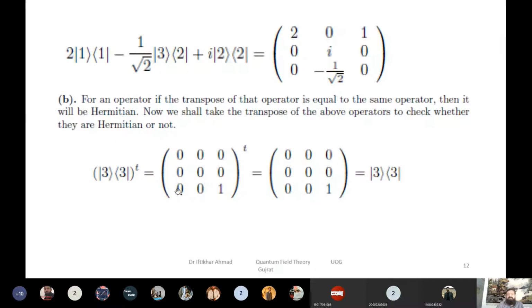Because these are real values, there is no need to take the complex conjugate, because the complex conjugate is the same. So when you take the transpose of this matrix, you get the same matrix, because all other entries are 0 and only this one entry has the value 1. So you get the same expression. So you say that this is a Hermitian operator.